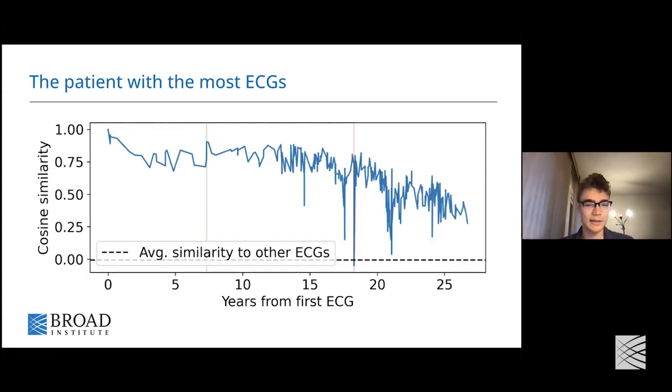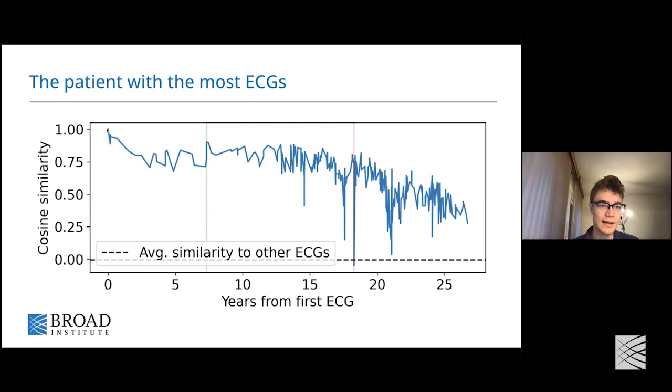And we can look at a particularly interesting case. Here's the patient with the most ECGs. They got hundreds of ECGs in this 30-year window. So in this plot, we're going to start at the patient's first ECG and then go throughout time as they get more and more ECGs. And then the y-axis is the cosine similarity of that contrastive projection of the first ECG with their ECG at the time on the x-axis.